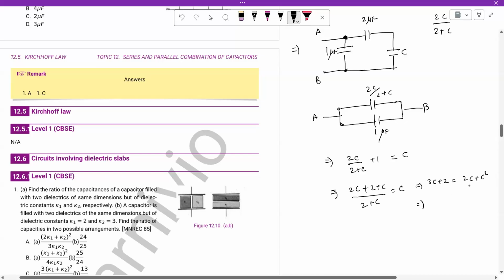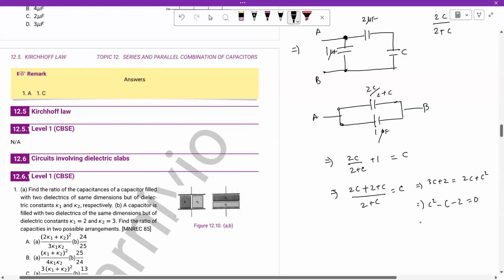So all these things go to the other side. 2C minus 3C is minus C. So this is C square minus C minus 2 equals 0.